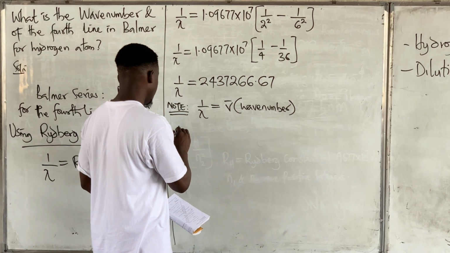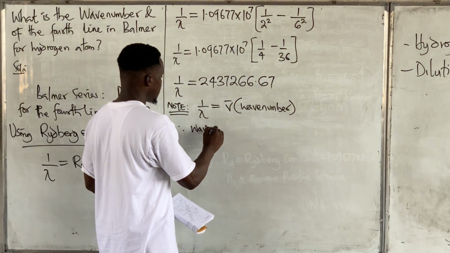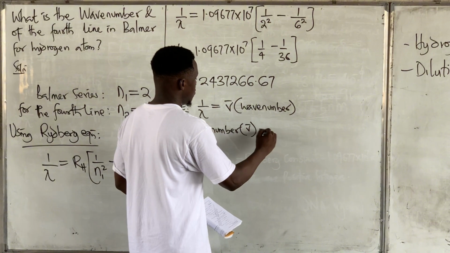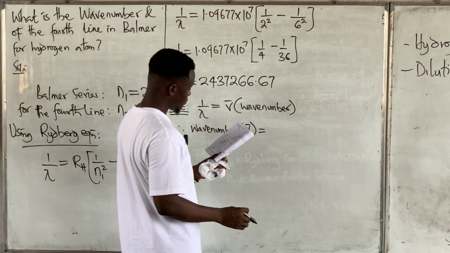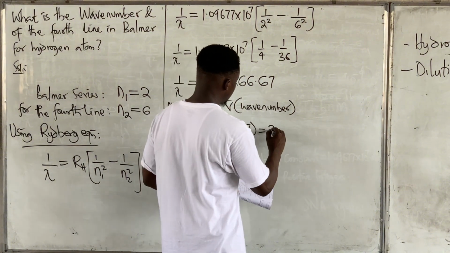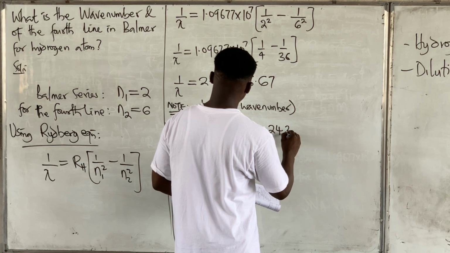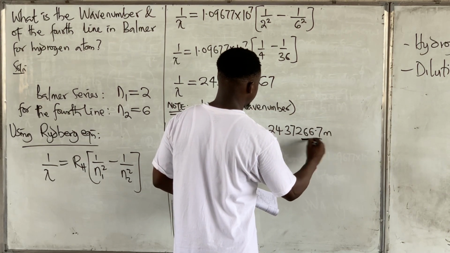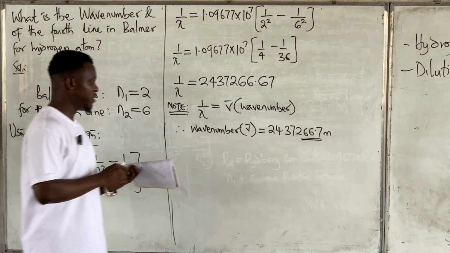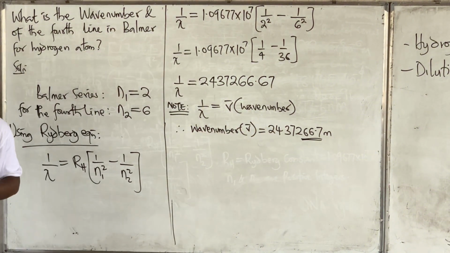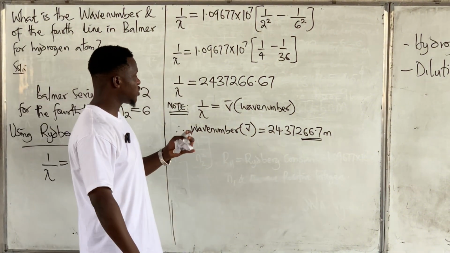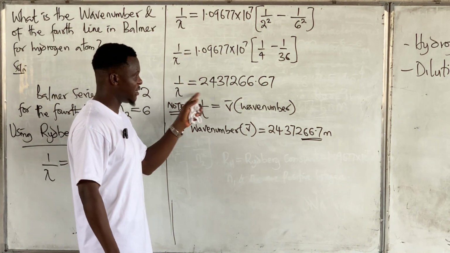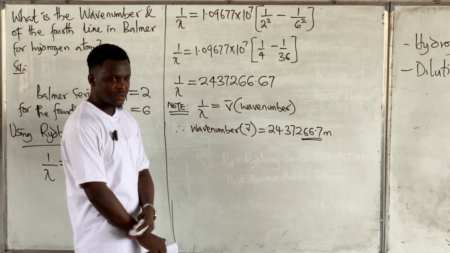So therefore, wave number is equal to 2437266.7 per meter. Now that is the wave number. So in exams, once you're asked for the wave number, that becomes very easy. Whatever you have as 1 over lambda, that's equal to your wave number.